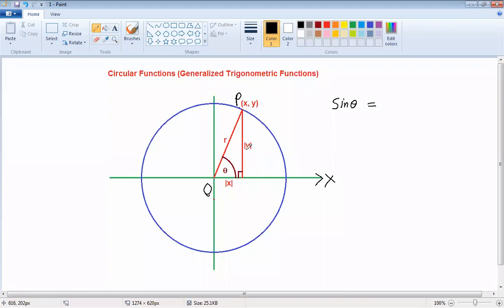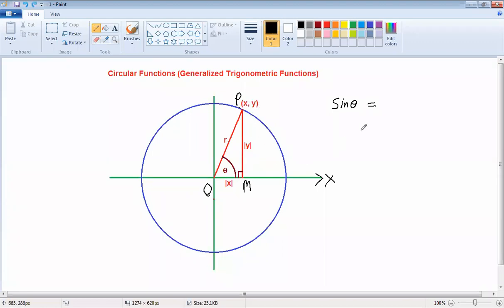Then MP is mod of y. The distance is represented by mod, and OM is represented by mod of x, because the coordinates are x and y.